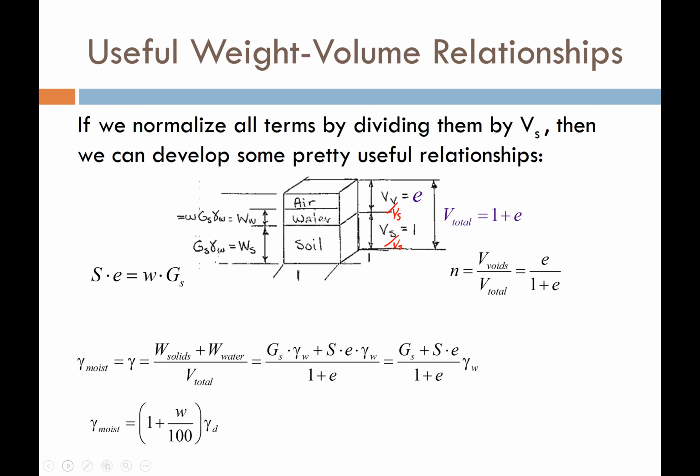Using that relationship, I can compute, for instance, a relationship for my porosity and relate it back to void ratio. So this is the equation that relates void ratio to porosity. Using this normalized phase diagram, we can come up with some pretty useful relationships. If I look at the weights, I can relate the weight of the water to the degree of saturation times the void ratio times the unit weight of water.